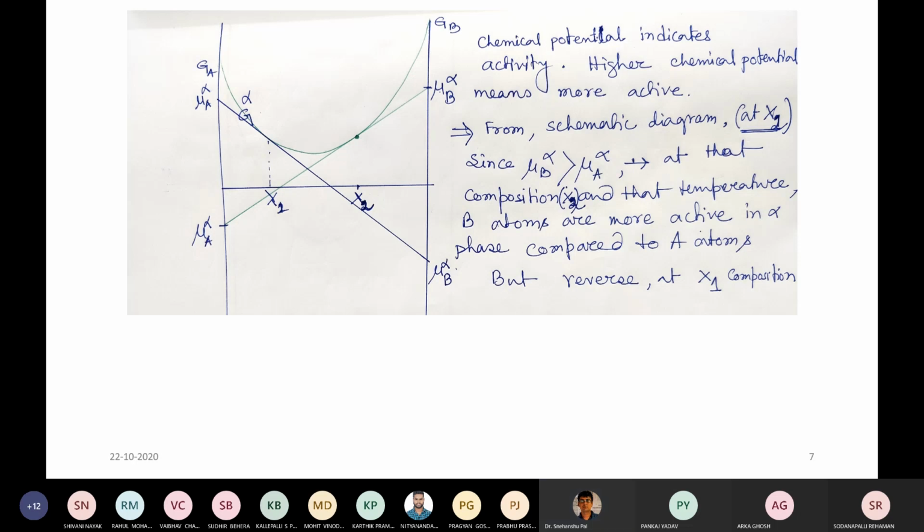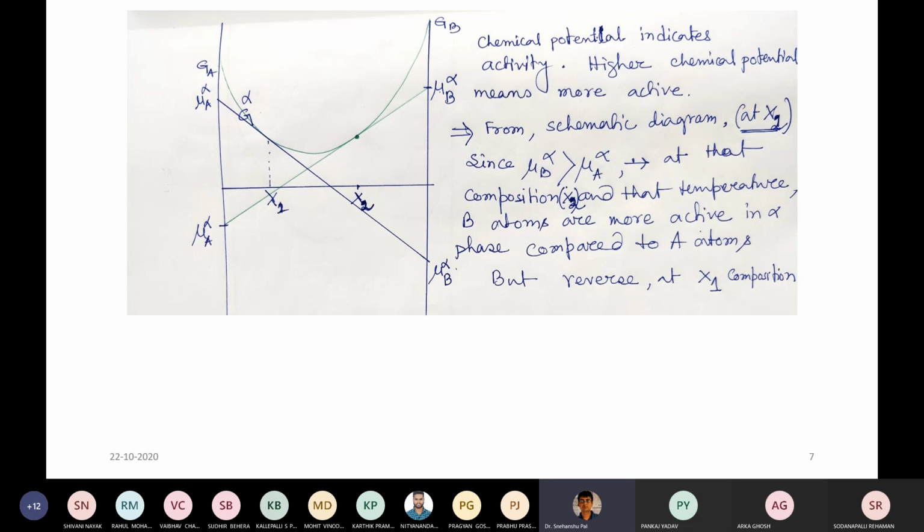Suppose there is a plot called G alpha. This green curve represents the Gibbs free energy of the alpha phase, and in the alpha phase both A and B components can be present.